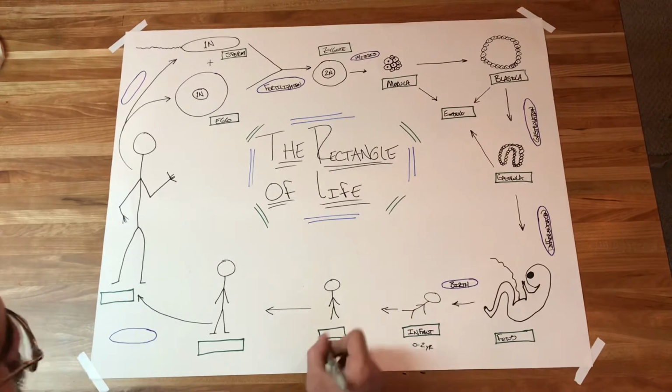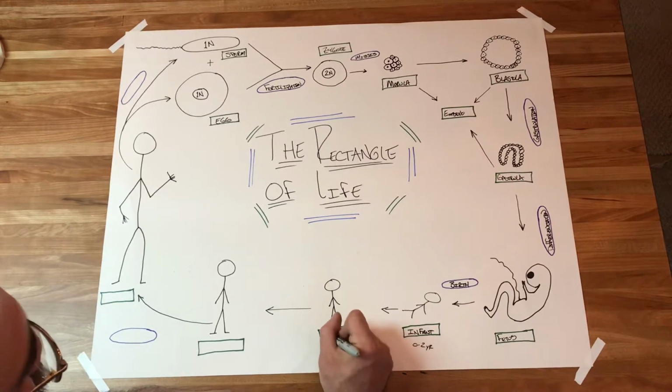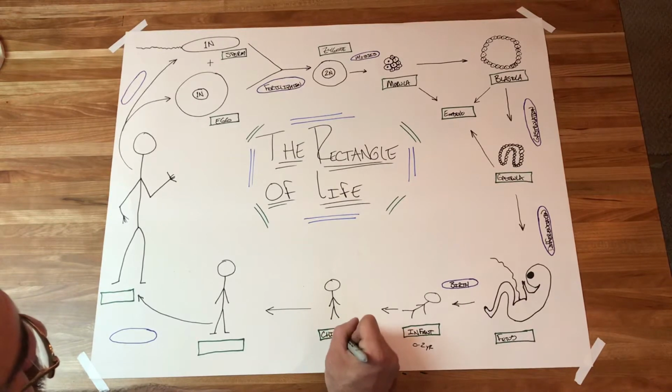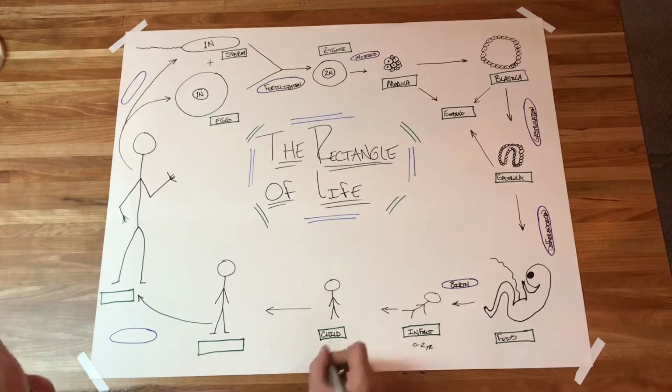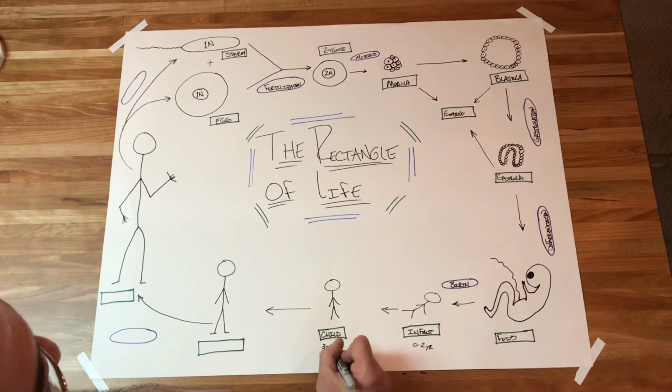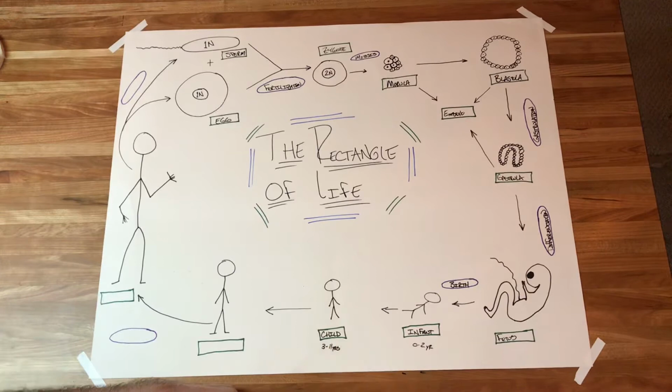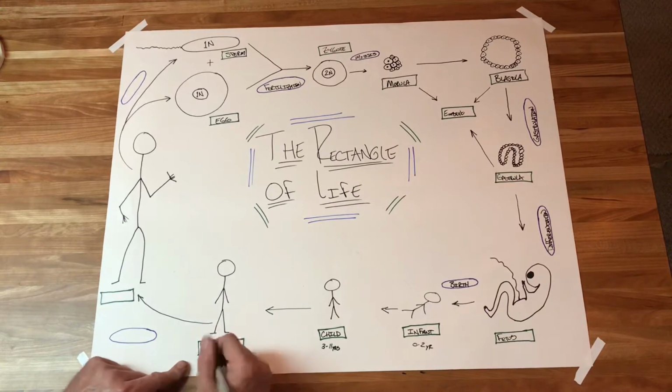And then we get into the child stage, where we're walking, we're talking, right? We're like a little human, but we are still not technically mature. Then we enter what is called our adolescent years.